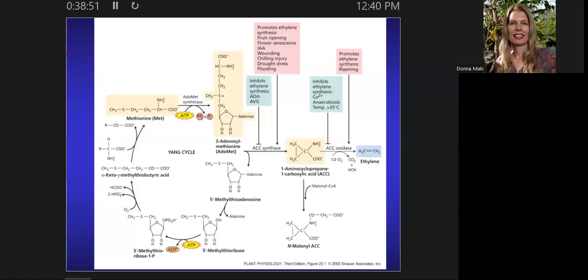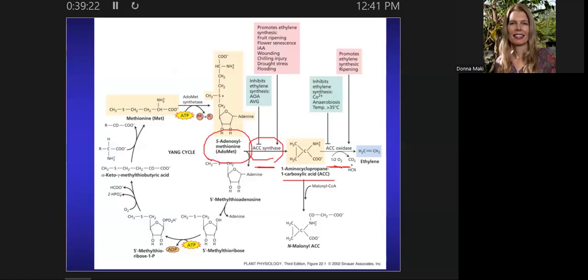So as you come off the Yang cycle, you have S-adenosyl methionine, SAM is the short for that. And then you have this enzyme, ACC synthase, because it synthesizes ACC. You don't have to know the full name, it's just ACC. So SAM goes to ACC with this ACC synthase enzyme, and then this other enzyme, ACC oxidase, converts ACC to ethylene.